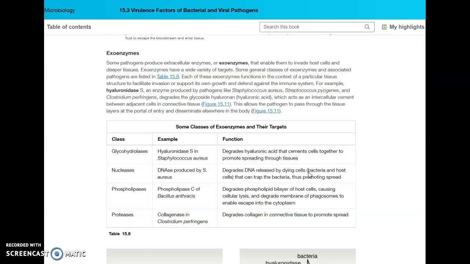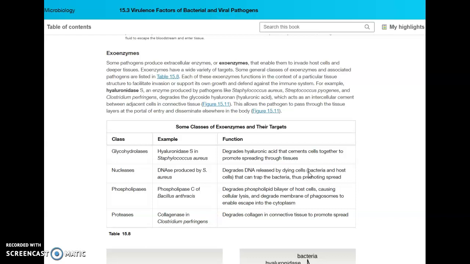Collagen is found in connective tissue, and it's what really provides strength to our connective tissue. And we'll have different types of connective tissue that have different amounts of collagen. But if you have a very rich area of collagen and the bacterium secretes this enzyme that breaks that down, it again just allows them to burrow and dig deeper into the tissues.